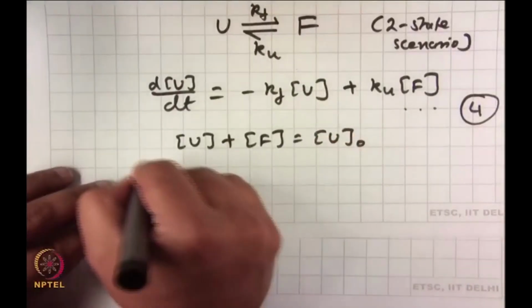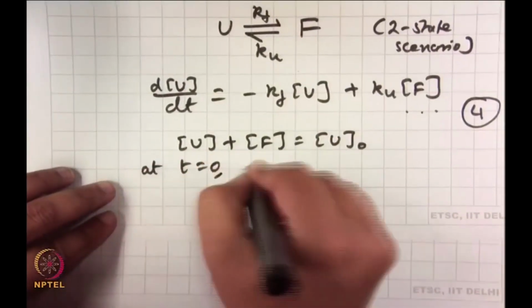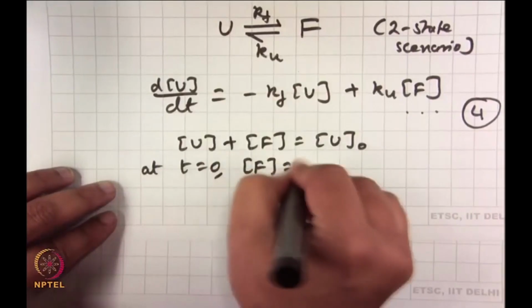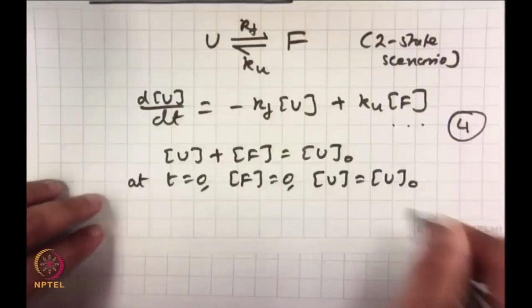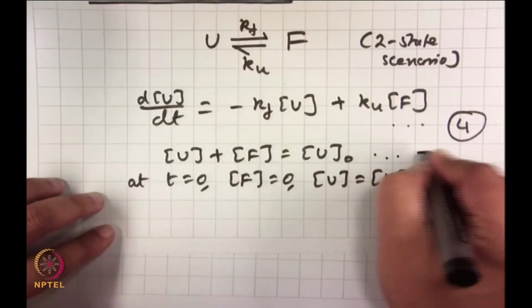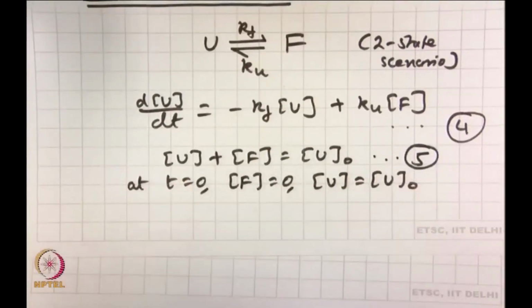So at t = 0, [F] = 0 and [U] = U naught. Maintaining the fact that nothing is lost or gained, U naught should be equal to [U] plus [F] at any given time, does not matter what it is.